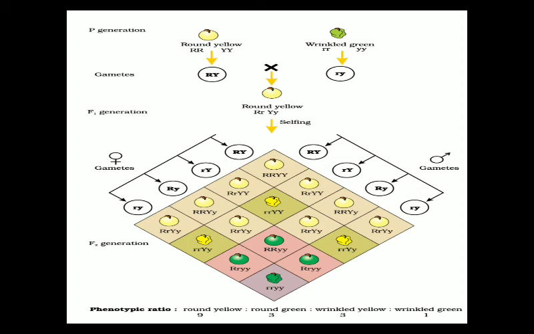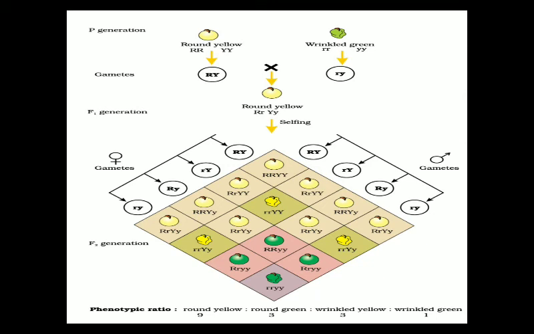Just like the monohybrid cross, Mendel was expecting a similar type of result in the dihybrid cross. Try to recall the phenotypic ratio in the F2 generation of a monohybrid cross. It was 3 is to 1, meaning out of 4 plants in the F2 generation, 3 plants show the dominant trait and only one plant shows the recessive trait.